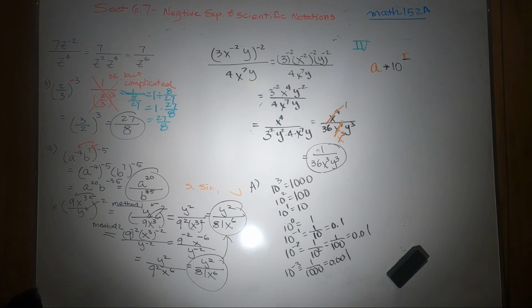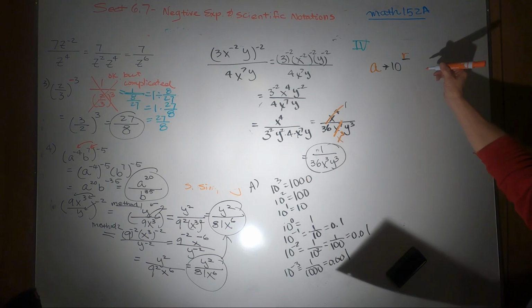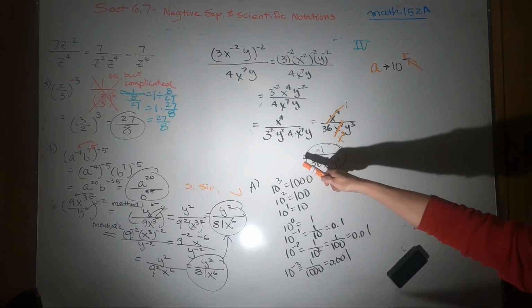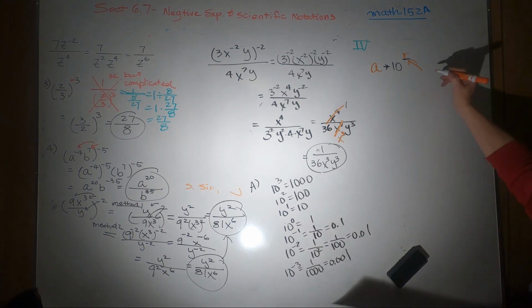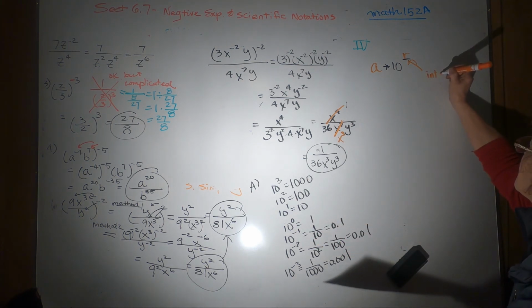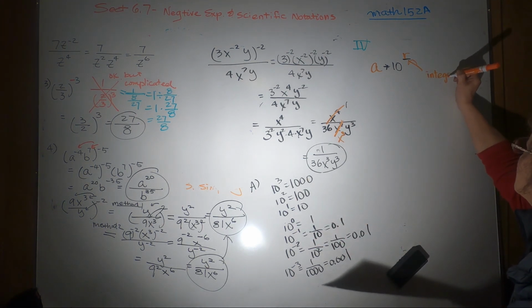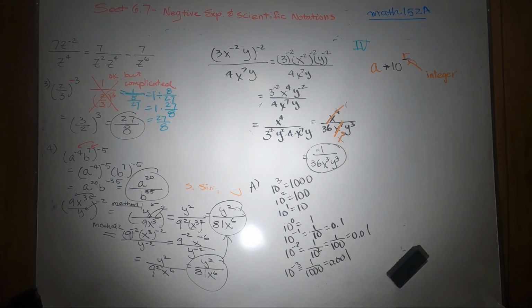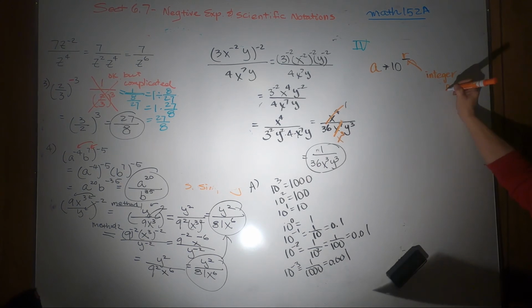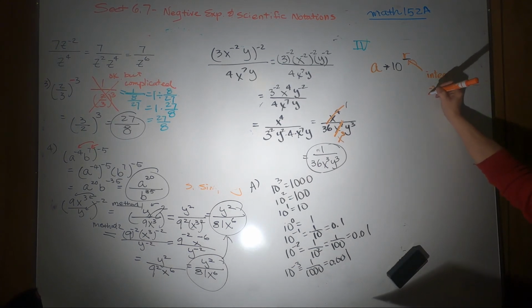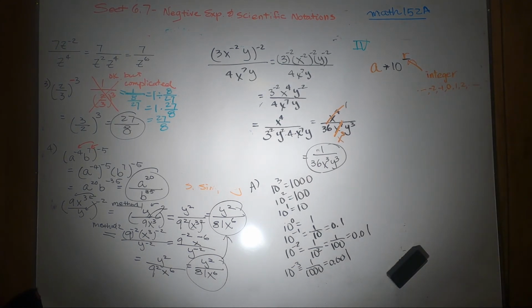The power can be positive, negative, or 0, so r is an integer, meaning 0, 1, 2, 3, or -1, -2, and so on, whole numbers, positive and negative.